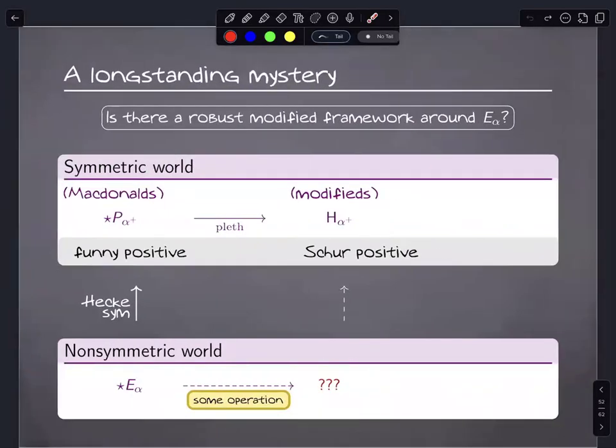And so when you go back to this long-standing mystery about non-symmetric Macdonald polynomials, the missing thing is that, since we don't have a really concrete positivity to just replace with nice positivity, you have to rely on knowing what that operation is. What is the operation to take you from the not modified, yucky side to the pretty side that has a potential for representation theory and K-Schur functions and Schubert calculus?